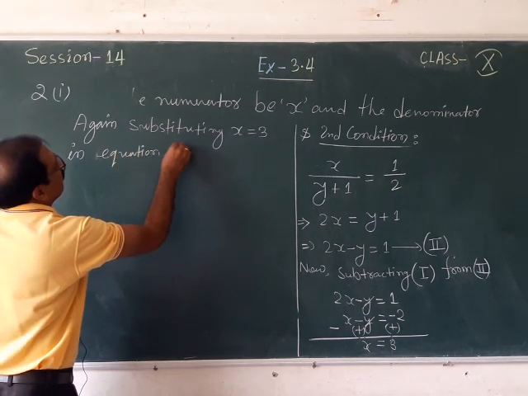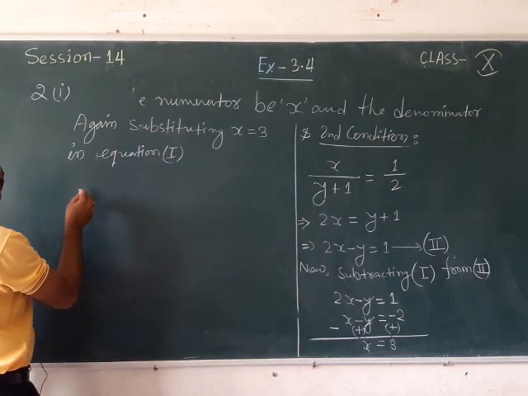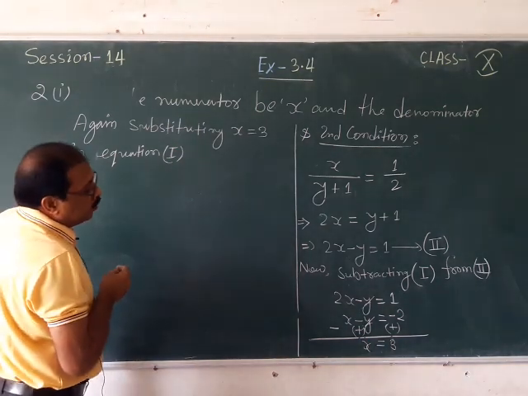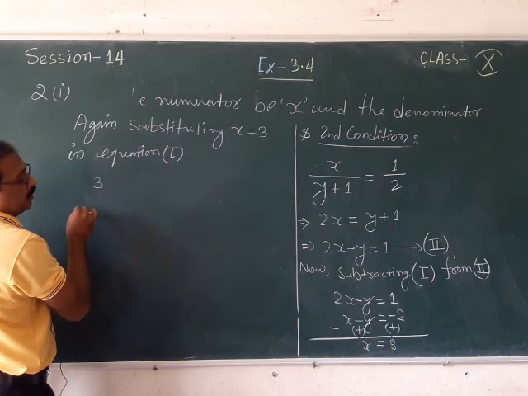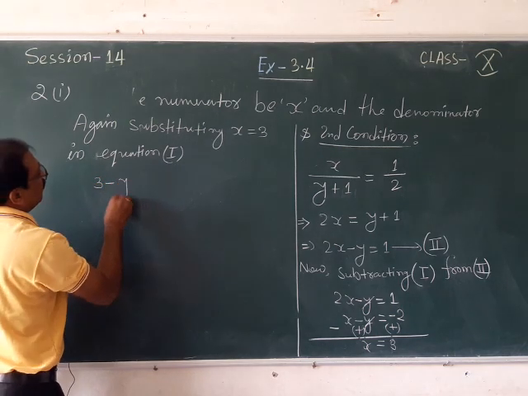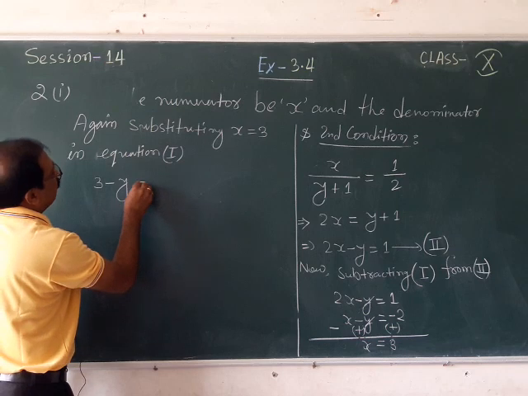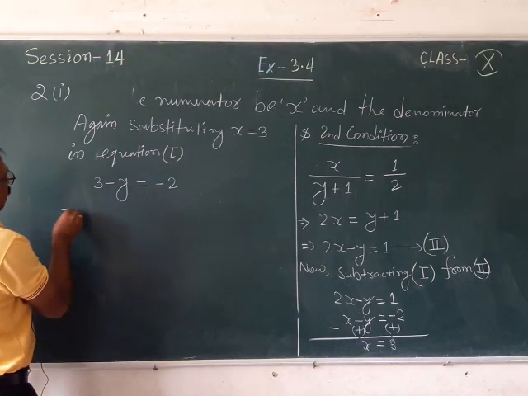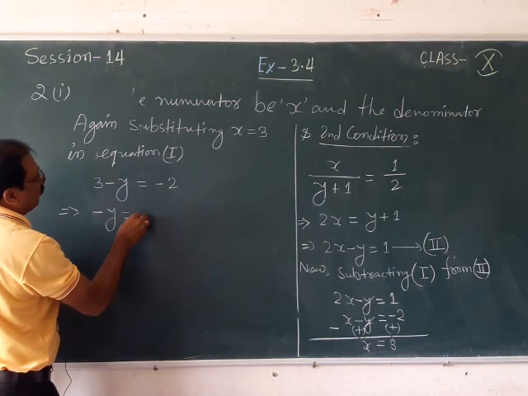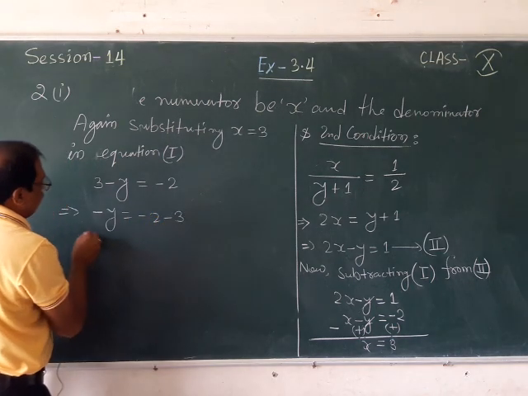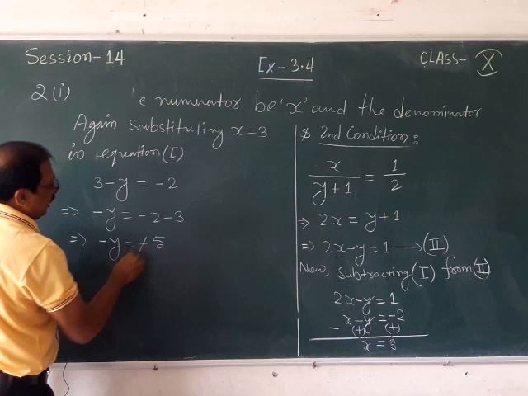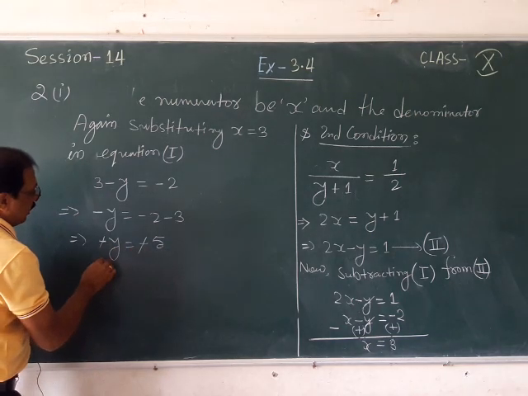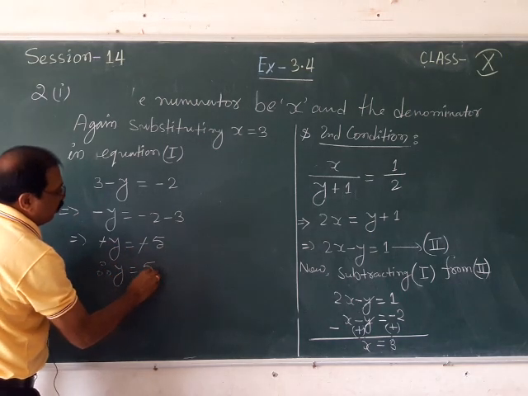What is the first equation? That is x minus y equal to minus 2. Instead of x I want to write here 3. That means it will be 3 minus y equal to minus 2. Further it will be minus y equal to minus 2 minus 3, and further minus y equal to minus 5. In this case the minus sign is cancelled and y equal to 5.